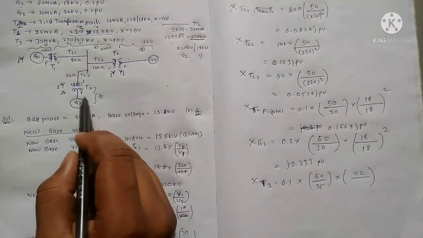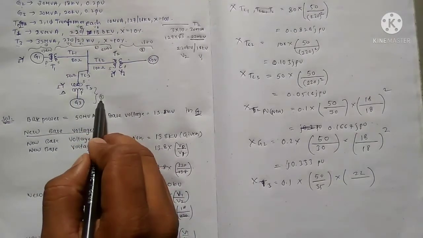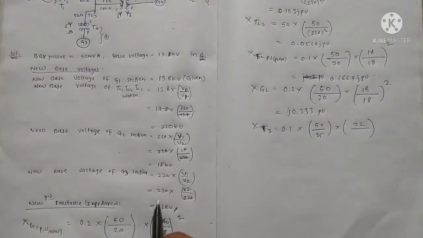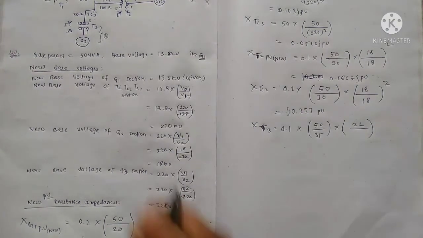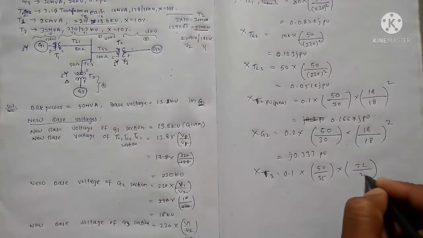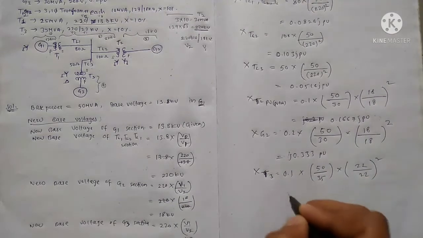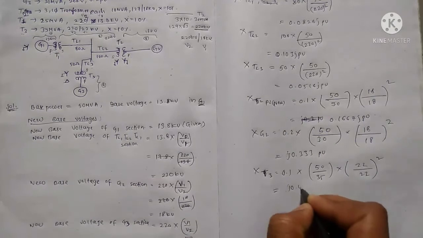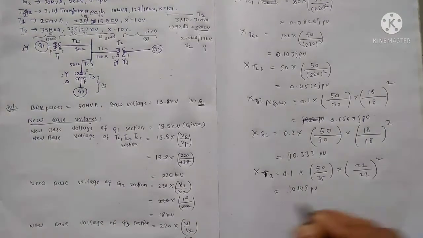This section primary side voltage section is G3 section. G3 section voltage is 22 kilovolt. This is 22 kilovolt here, 22 whole square. This gives j 0.143 pu.